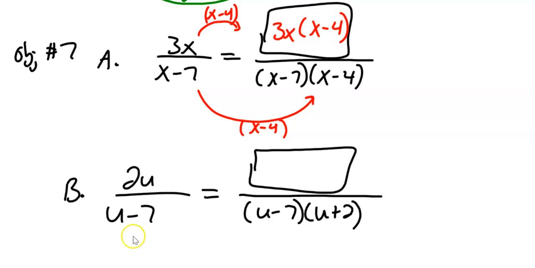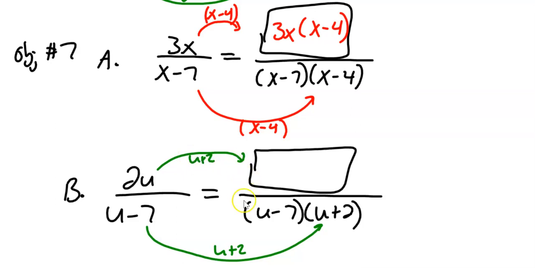Okay, same thing here. We put in an extra u plus 2. So over here, same thing, you've got to put in, or basically multiply by u plus 2. So that's 2u times u plus 2.